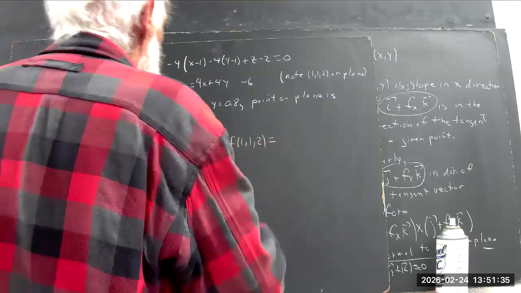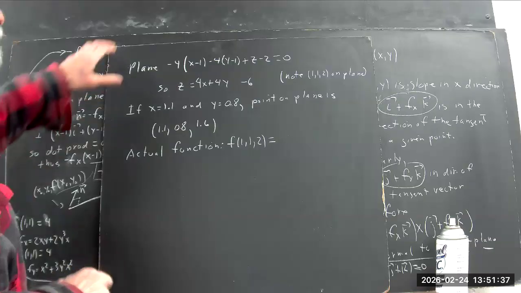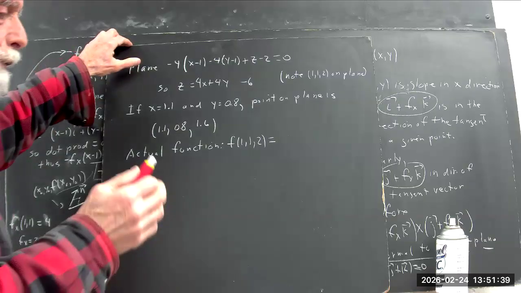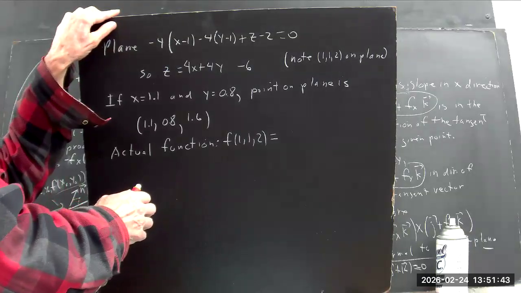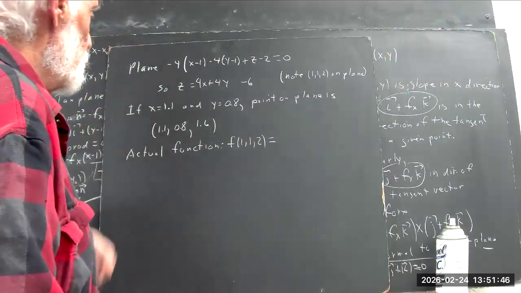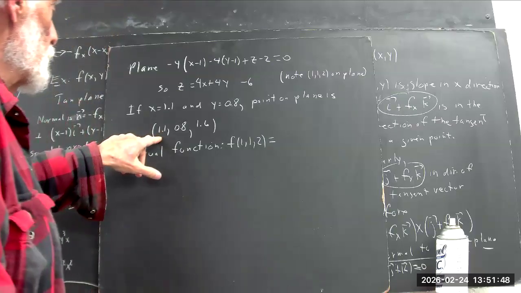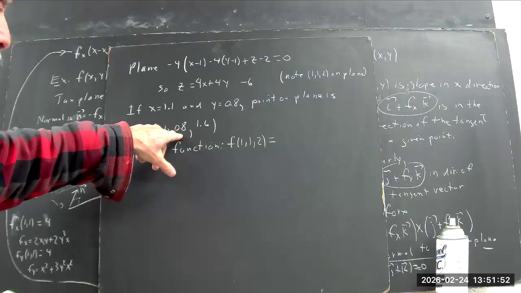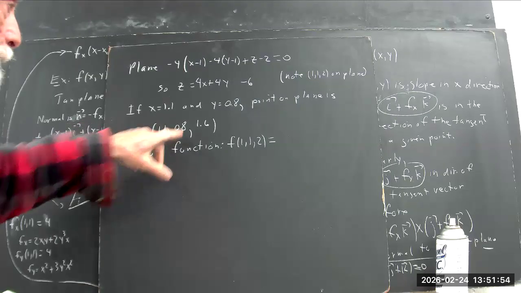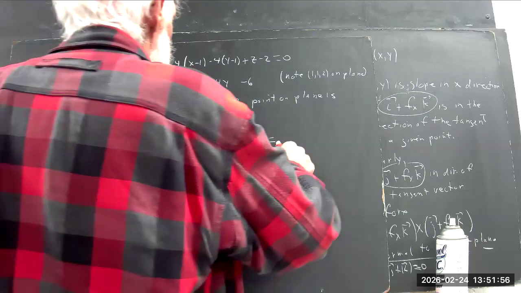The actual function, f of 1.1, 0.8, let's make sure it's x squared y plus y cubed x squared, right? Take a peek and make sure I've got it right. Okay. So x squared y, 1.1 squared is 1.21. I multiply that by 0.8 and I get 0.968, I think.